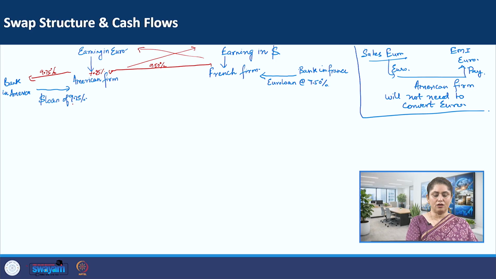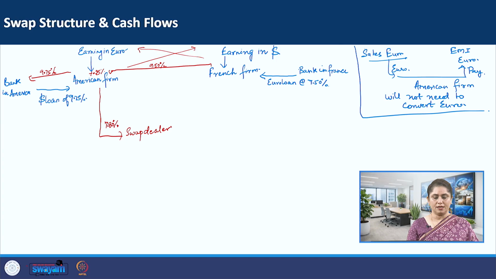It had taken a dollar loan of 9.75%, so it is paying the interest of 9.75%. Now, what will the American firm do? The American firm will go to the swap dealer, and will pay how much percent interest?